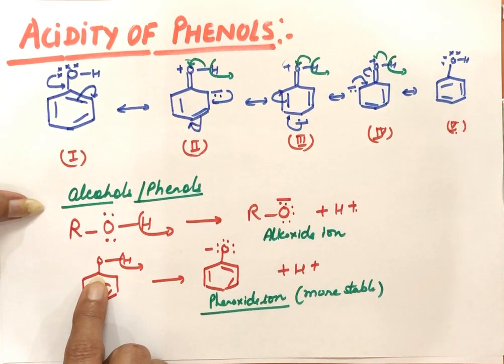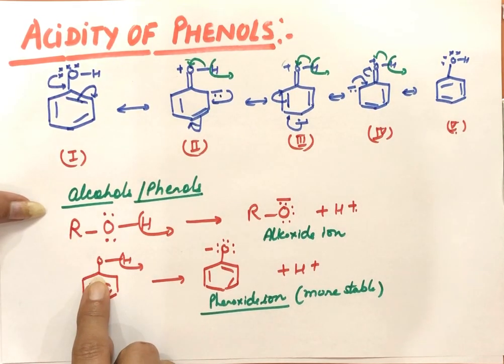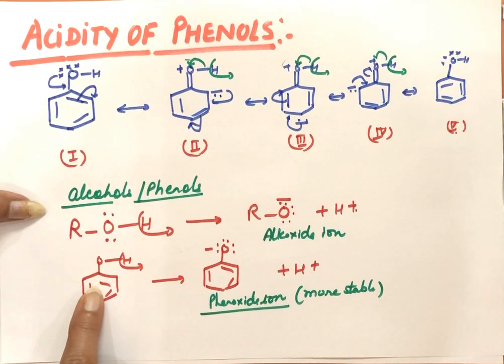This carbon is sp2 hybridized, while in the case of alcohol, the carbon is sp3 hybridized. If this carbon is sp2 hybridized, it is electronegative in nature. Electronegative means it can pull the electrons of the oxygen towards its side. Thereby, there will be fewer electrons on the oxygen.